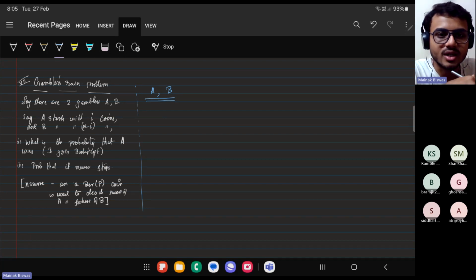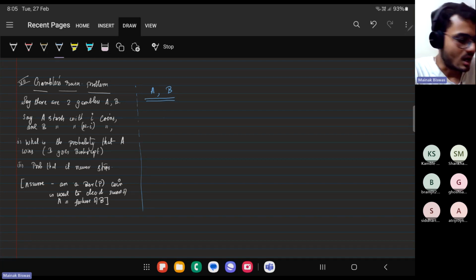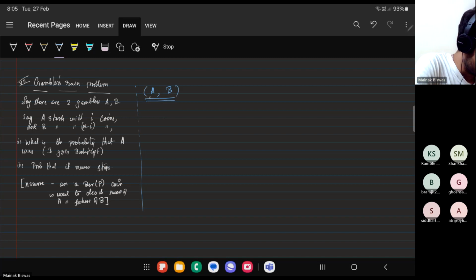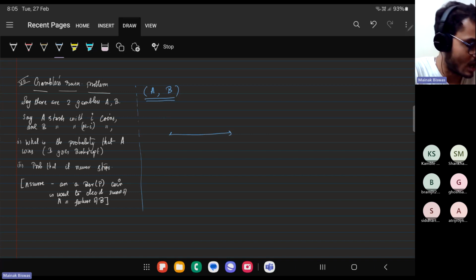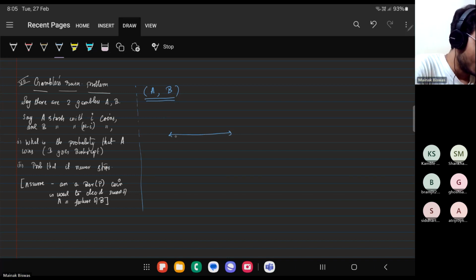You can think of it as a gambling area where these two people are playing, say, a coin game or a card game. So the total amount of coins they have is n.